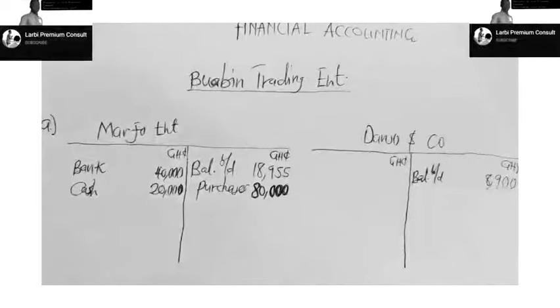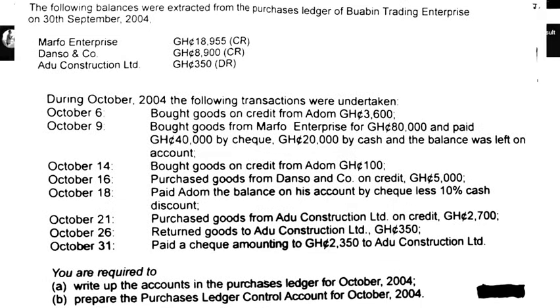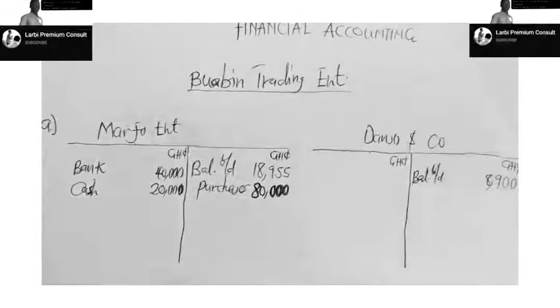So let's move on to transaction 16. Purchased goods from Danso and Co. on credit. So you see, these are the double entry principles that we are trying to remember. When we purchase goods on credit from Danso and Co., it means that they gave to us on credit terms, right?